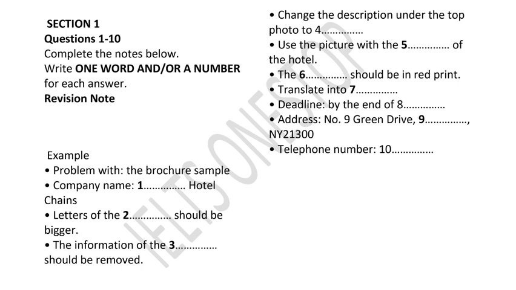So, roughly, when can we get the revised print? We need it before the end of July. It's late June now. Roughly, it'll take 3 weeks to re-edit. So it will definitely be ready before the deadline. Great. To where shall we send the samples? The address is number 9 Green Drive, Clifton, NY 21300.